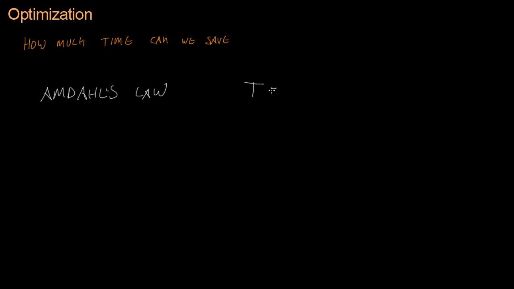And here's the formula. T is the amount of speed up that you can get from a particular section of your program. It's going to be equal to 1 over 1 minus P, where P is the proportion of running time of that part of your program, plus P over S, where S is the amount of optimization that you can get from that part of your program.